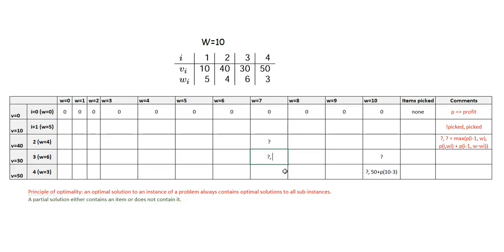So my profit would be 30 plus profit from the remaining weight, which is 7 minus current weight 6. Now to resolve this, I would need P7 minus 6, which is P1. So P1 is somewhere here. I don't know the solution for this one, so again I will put 2 question marks.